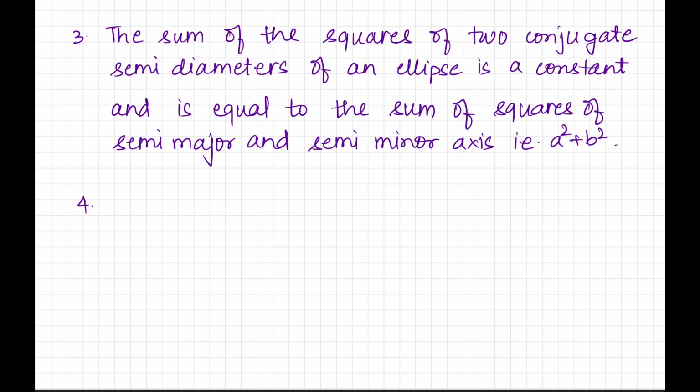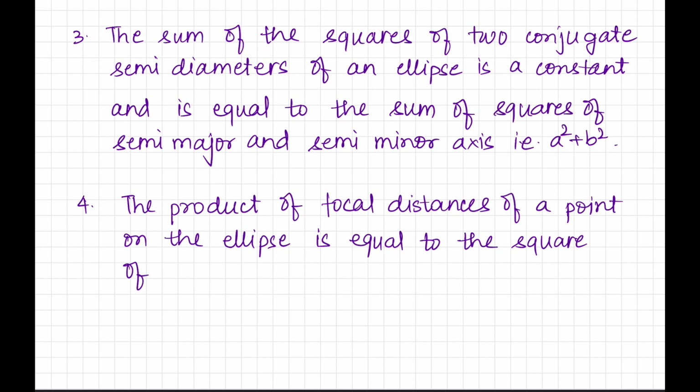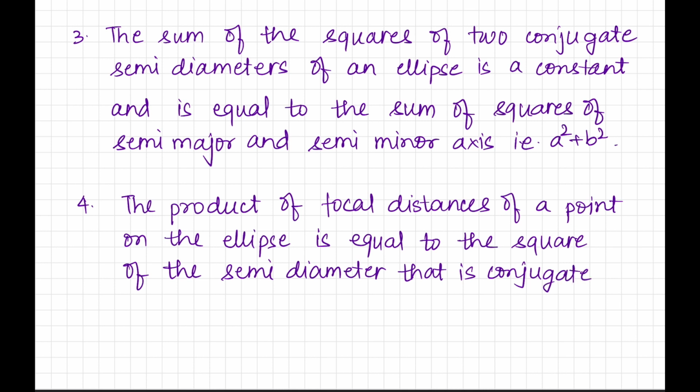The next point is the product of focal distances of a point on the ellipse is equal to the square of the semi diameter that is conjugate to the diameter through the point.